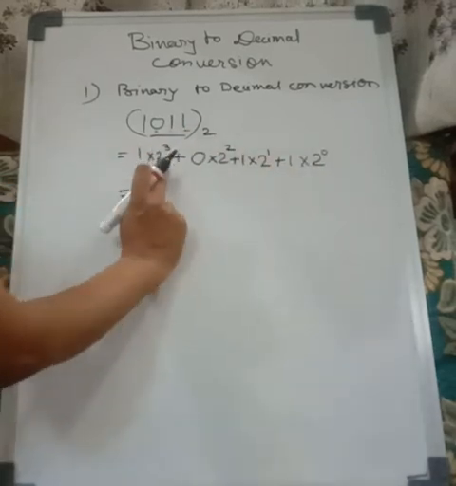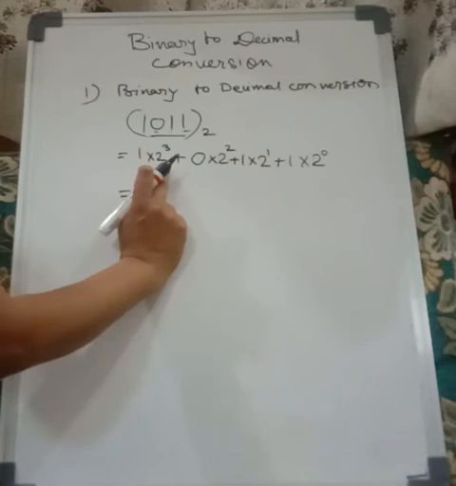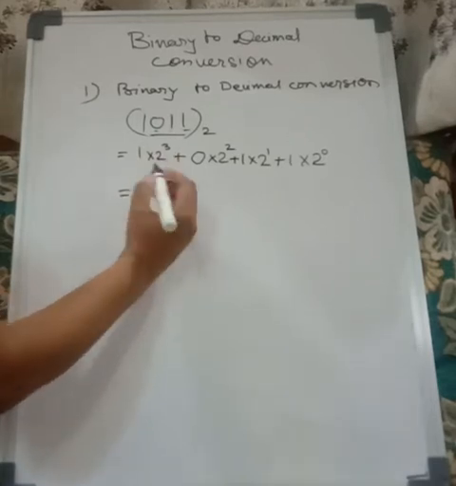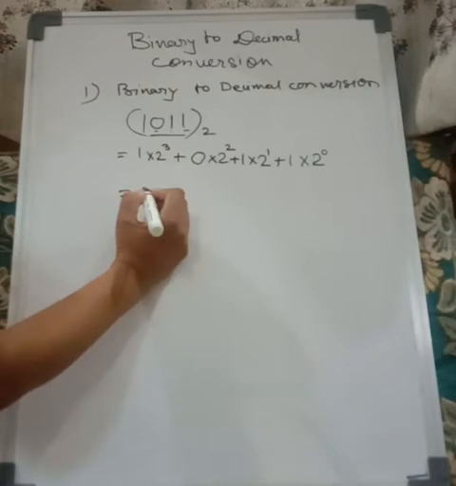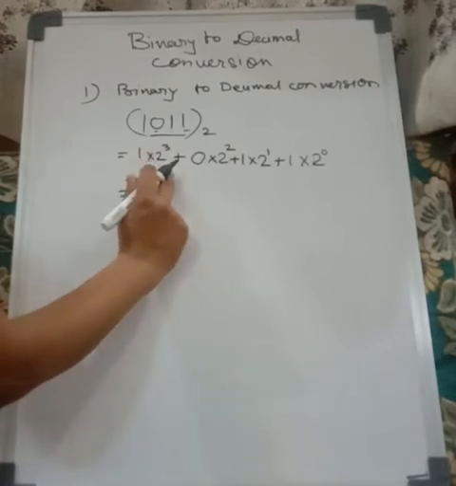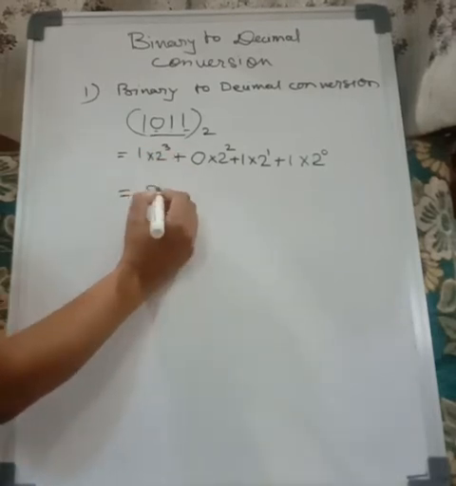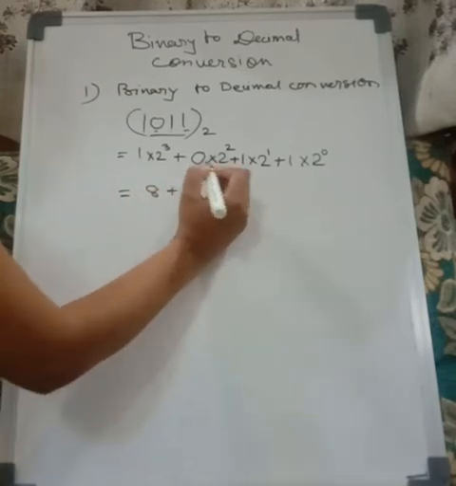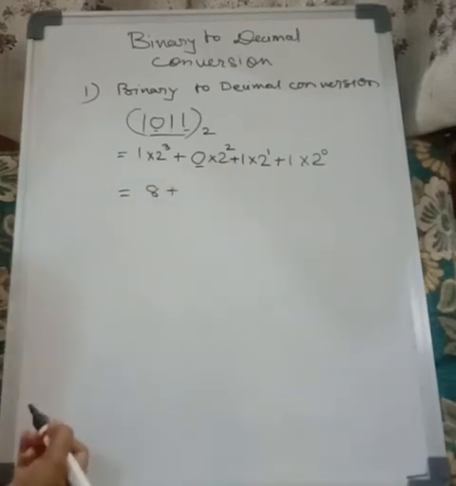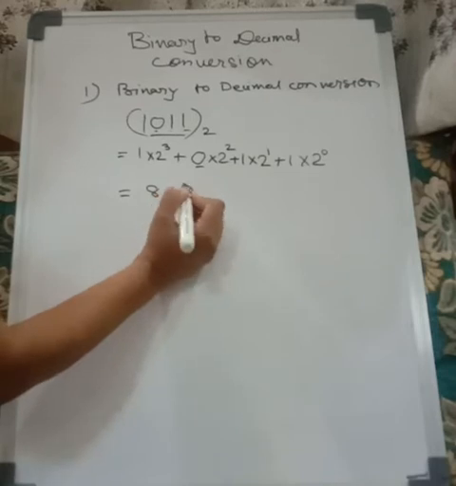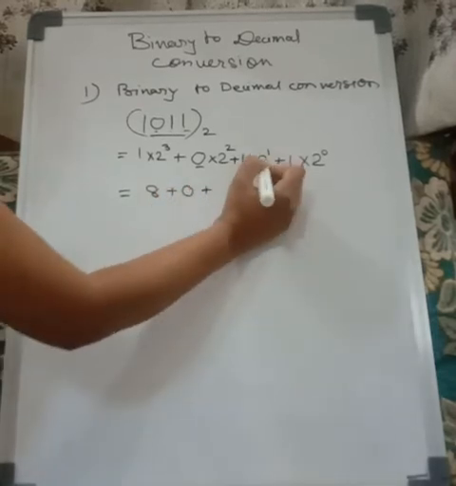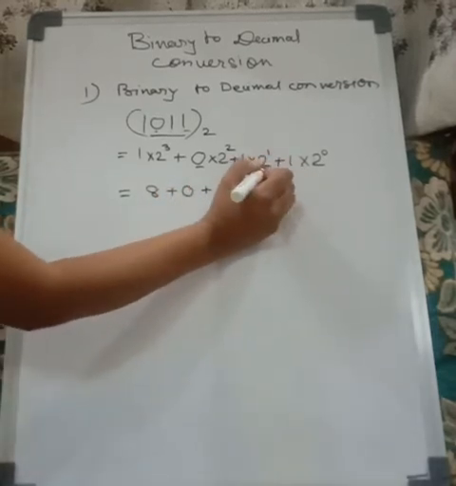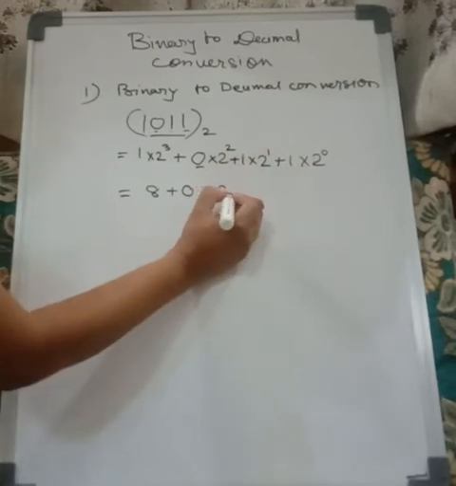2 to the power 3 means 2 into 2 into 2, that is 2 into 2 is 4, 4 into 2 is 8, plus here we are going to multiply this 0, so this will be simply 0. Then 2 to the power 1 is 2, 2 into 1 is 2.